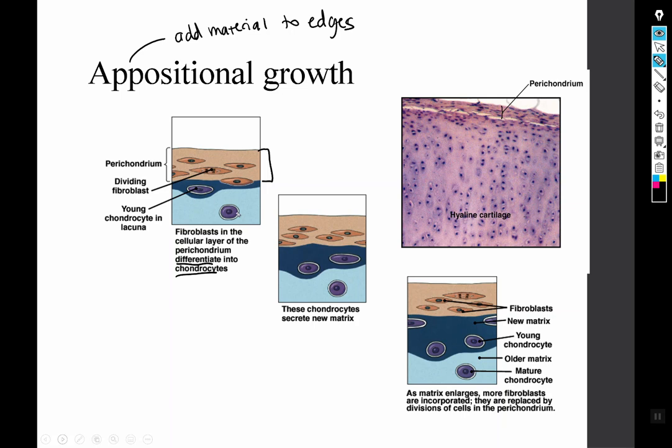So they're not still building this unsolidified matrix around them, they're fully surrounded by mature matrix. So you can think of chondroblast, and here I'll write it in a different color, as another way to say young chondrocyte. Those are sort of interchangeable. That's appositional growth of cartilage.